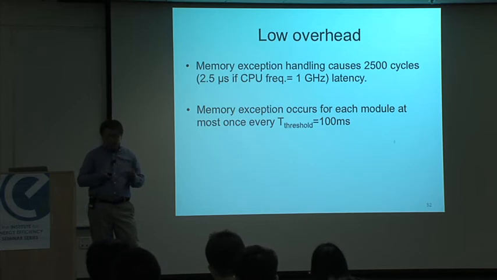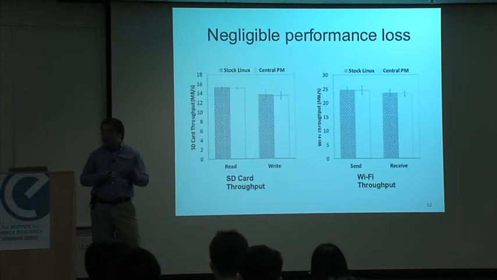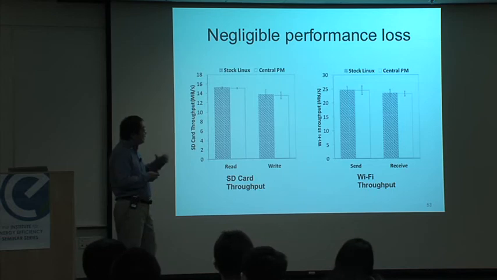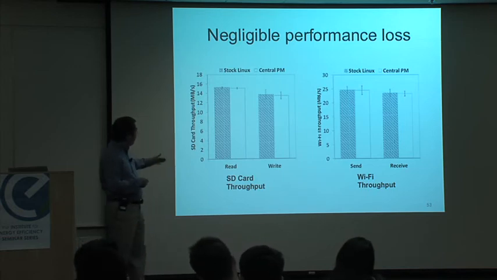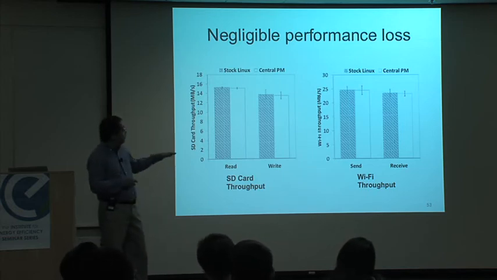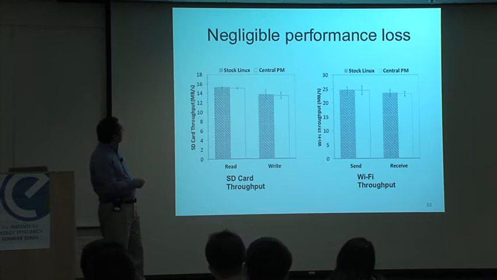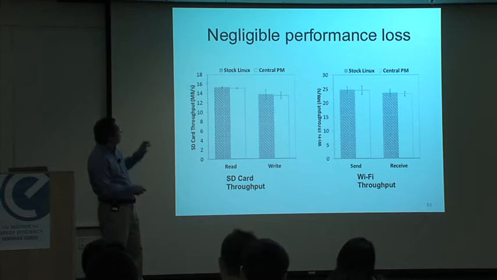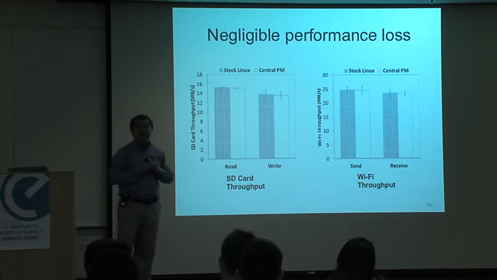So it's a very small sacrifice. And you can actually measure the performance. For example, we did SD card throughput measurement and Wi-Fi throughput measurement. You can see the stock Linux put side by side with our system. They're very, very close. The difference is actually smaller than the variations of multiple measurements. Okay.